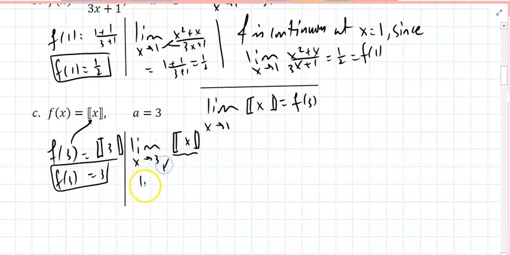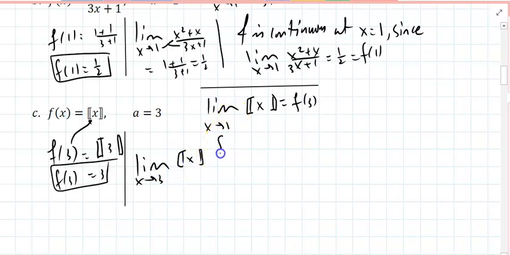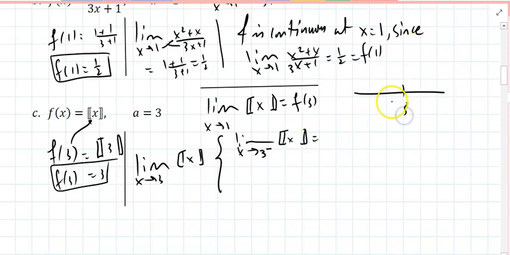You're going to take the limit as x approaches 3 from the left. Actually, let's go this way. Easier this way. So I'm going to take the limit as x approaches 3. The way I'm going to do this, I'll take the limit as x approaches 3 from the left. What would that be? Here's 3.